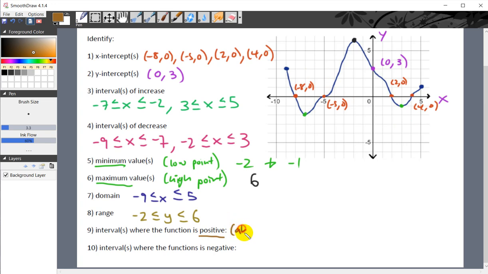So this represents above the x-axis, right? Generally, if I were to color code, all of these things here, this represents everything that I'm coloring in brown. These are all representing intervals where the function is above the x-axis, and even this small part here.